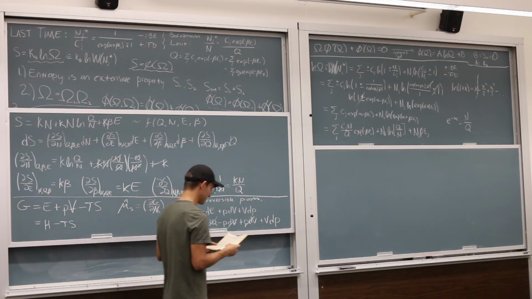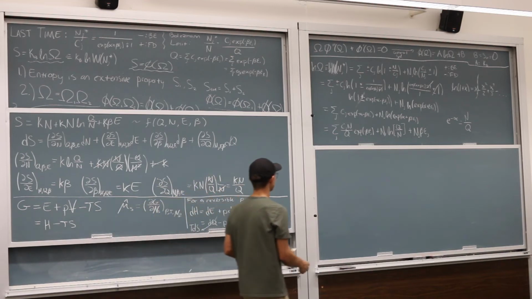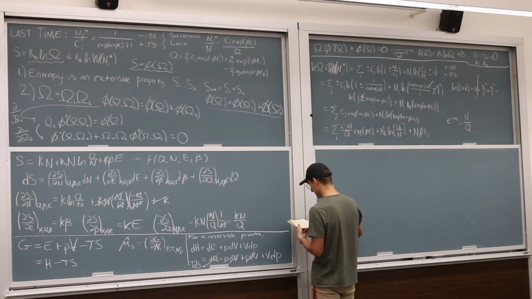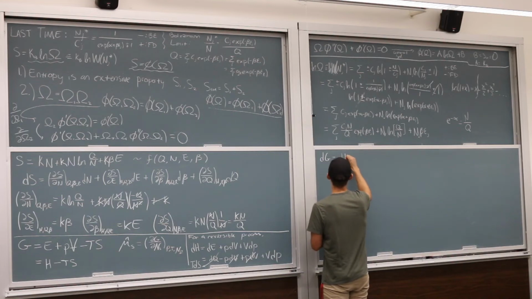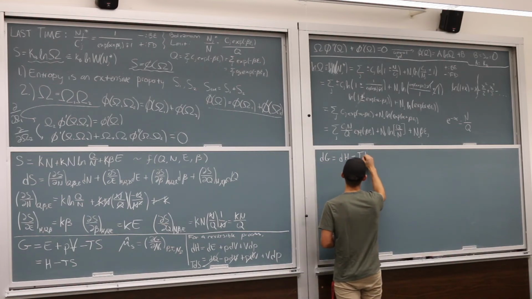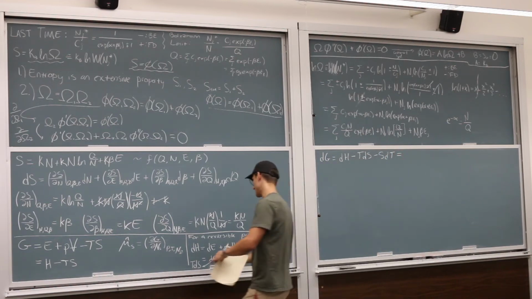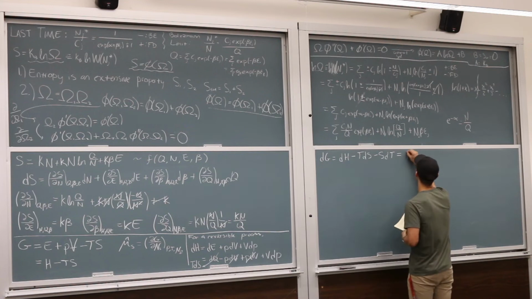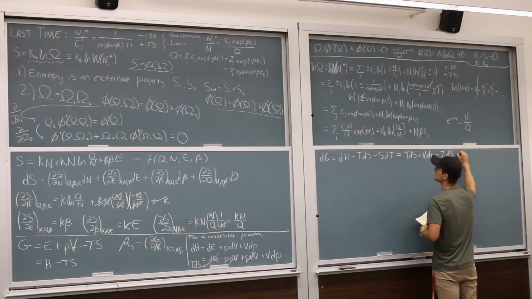And so now we will take the total differential of G, the expression, just leaving H in there, and then we'll substitute what we've just written down for dH. So we look at what dG is. It's dH minus TdS minus SdT. Okay, and we just found that dH is TdS plus VdP. VdP minus TdS minus SdT.